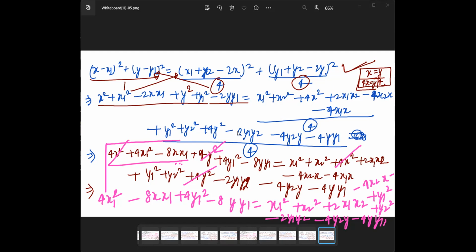So right up to this point, then I will take all the terms on the left hand side.